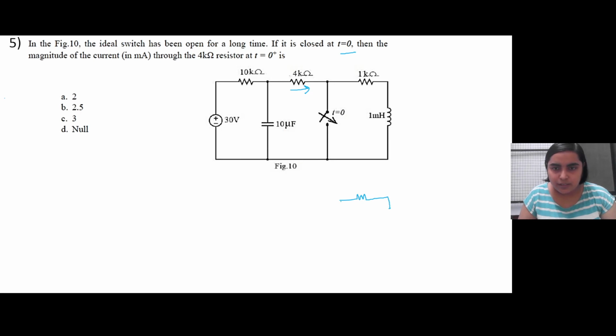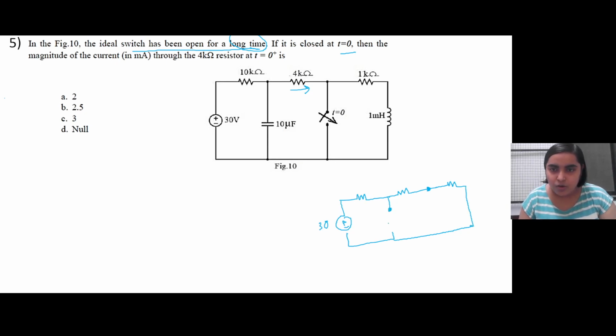So the circuit is, this is the capacitor. We will draw it later. Let us draw the voltage source first. 30 volt. The switch has been open for a very long time. This very long time signifies the steady state has been achieved, right? So what will happen is the inductor will act as a short circuit.